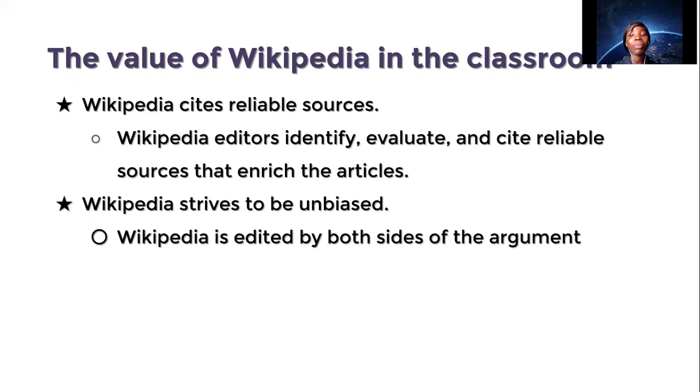It is always edited by both sides of the argument. So don't come on Wikipedia and start writing to support someone because you know that person, or to create content that will praise the person. No, Wikipedia does not allow that. It only accepts relevant and reliable information.